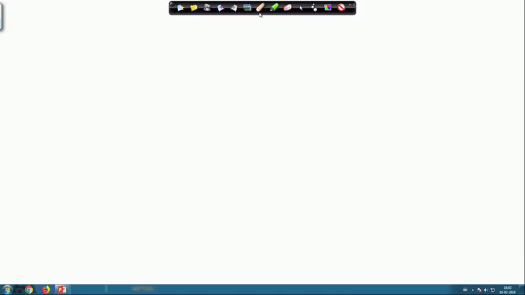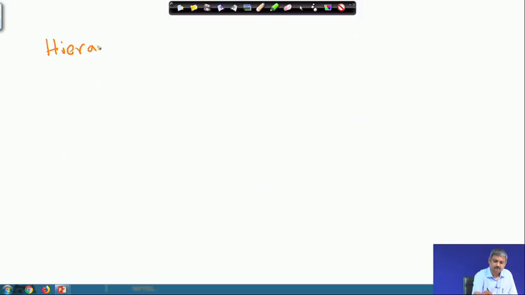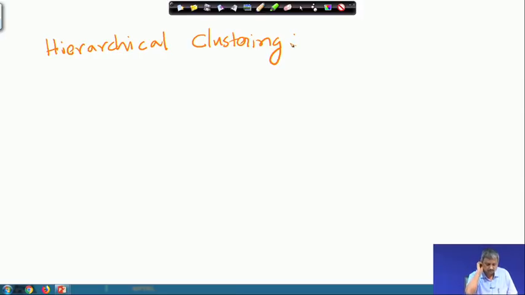And the alternate is hierarchical clustering. What it does is follow a policy of either split or merge. It does not try out partitions.